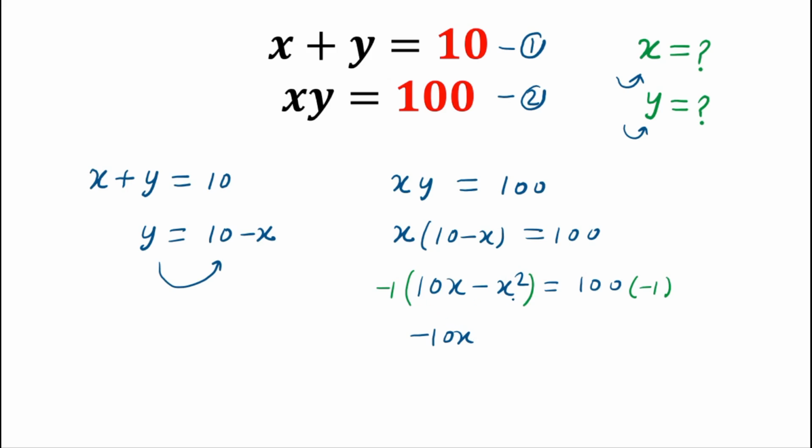Minus 1 multiplied by minus x square gives plus x square, and 100 times minus 1 is minus 100. So the left hand side expression is x square minus 10x, and this equals minus 100.